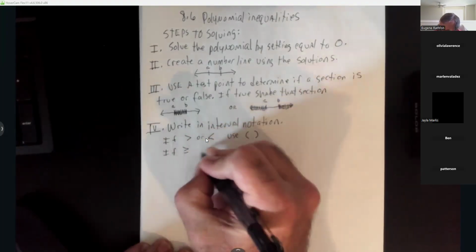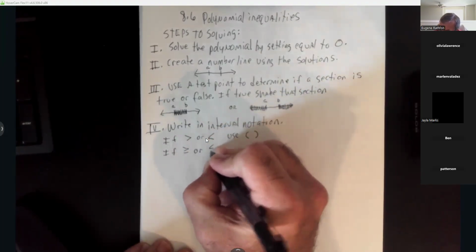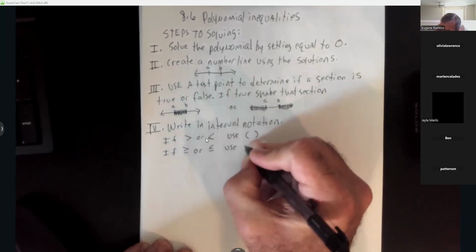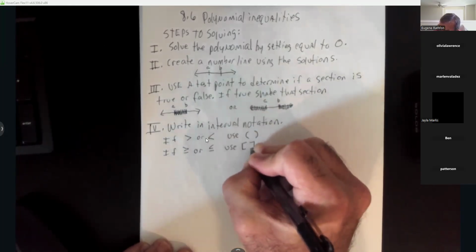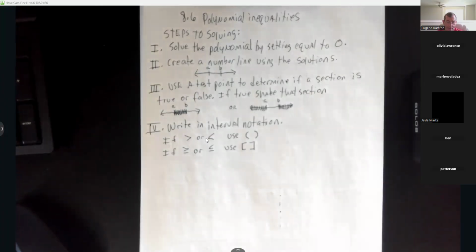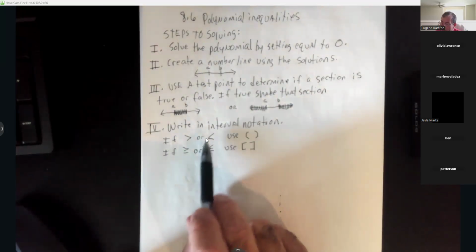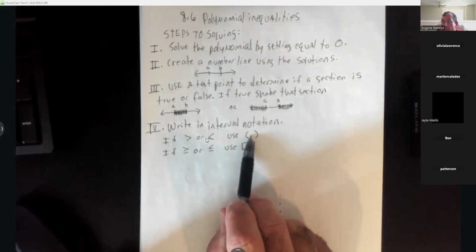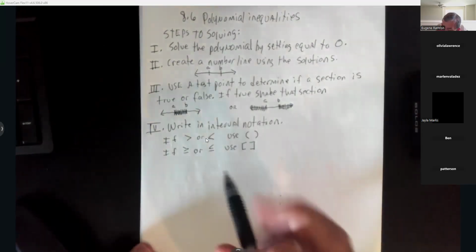If it's greater than or equal or less than or equal, we're going to use brackets around our numbers. Okay? Now, infinity, if you got infinity, that's always curvy parentheses, okay? But the numbers depend on the inequality to know whether I'm using parentheses or brackets.